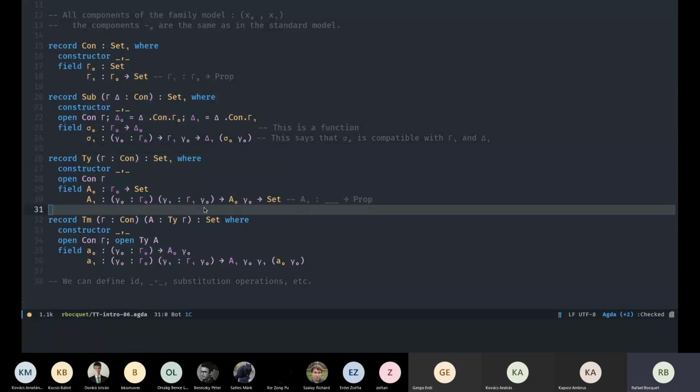And while this follows the same structure as in the standard model, maybe I can at least give a definition of extended contexts.